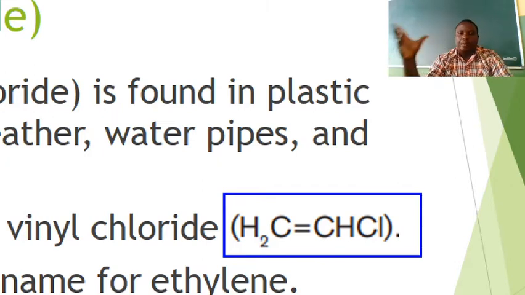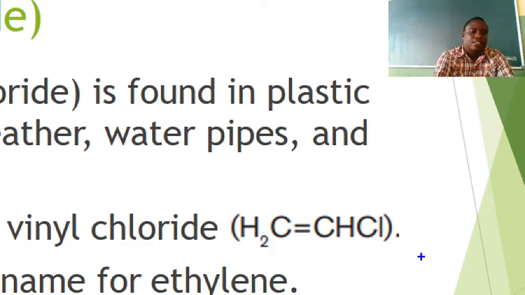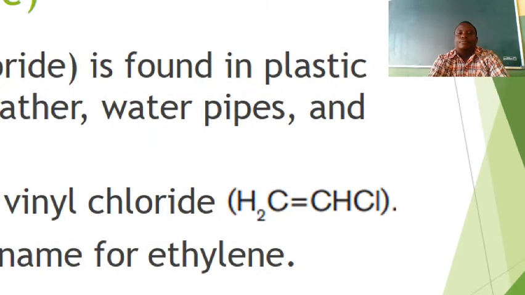This double bond is opened on both ends, and then the repeated pattern is done in order to make a long chain. And this is a good polymer that we need in our everyday life. Vinyl is a common name for ethylene. Also, this is a commercial name of ethylene. But you see here, we add an atom of chlorine. The reason why it's called polyvinyl chloride.